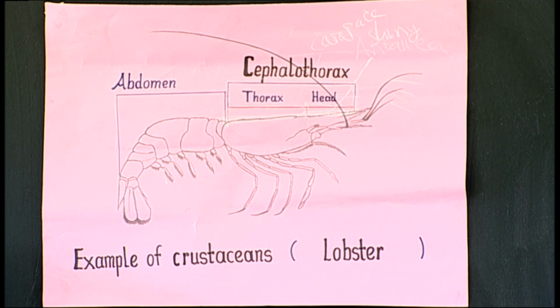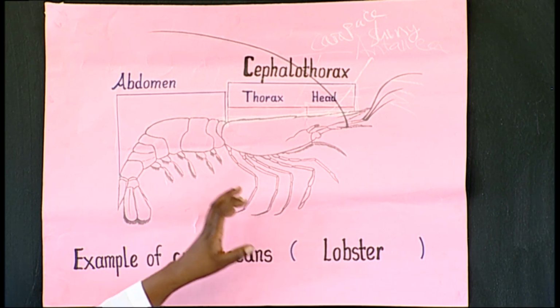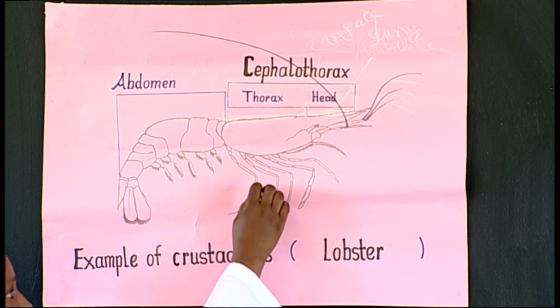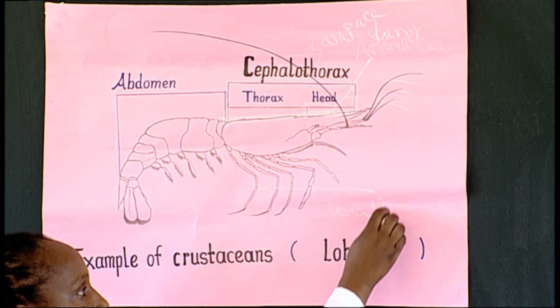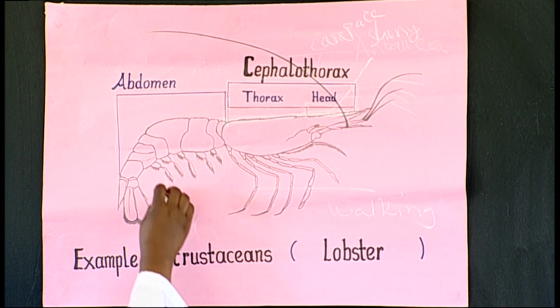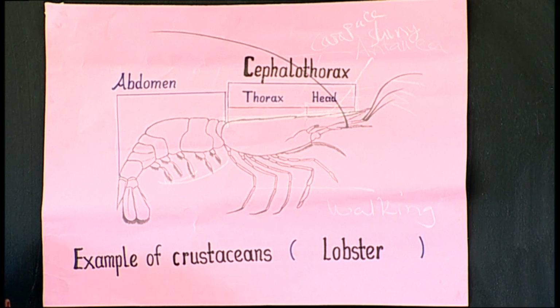So what is the role of each of these? The legs on the cephalothorax are used for walking, all right? Whereas these ones here on the abdomen are used for swimming. Remember I said a big number of these class Crustacea live in water, all right?